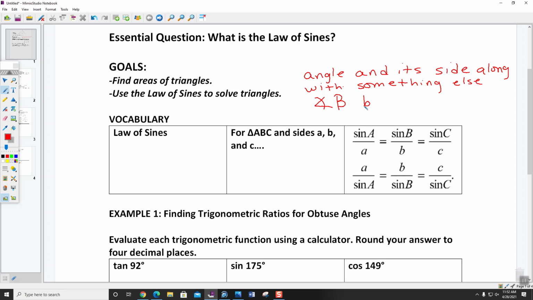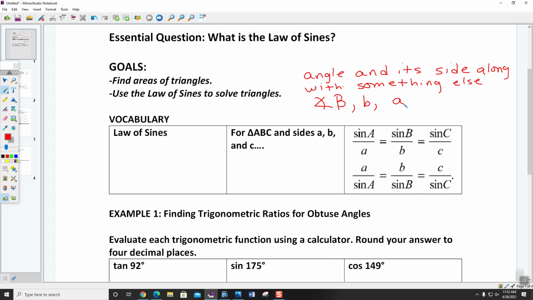We knew side B. So is that the angle on the side it belongs to right there? Angle B and side B right here? And then when I say something else, it means you need one more piece of information, whether that's another angle or another side. Okay, so an example might be you've got angle B, side B, and maybe side A. You can solve a triangle that way, meaning you can find all three angles and you can find all three sides. So law of sines works if you have an angle and its side along with what? Something else, okay?